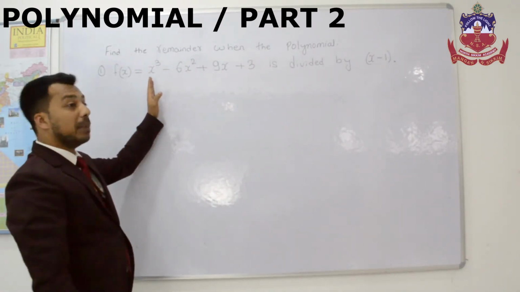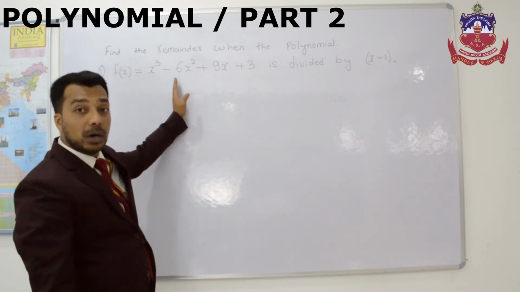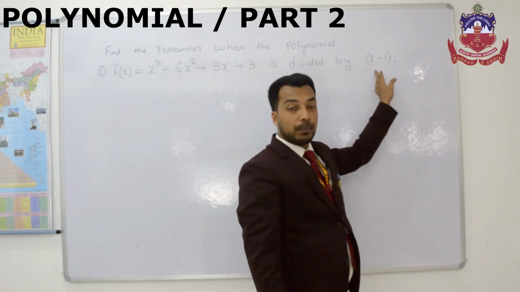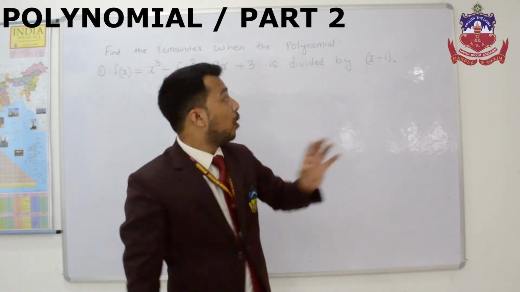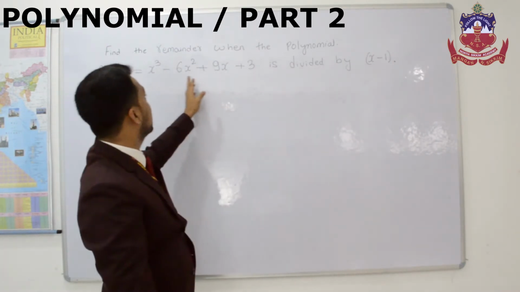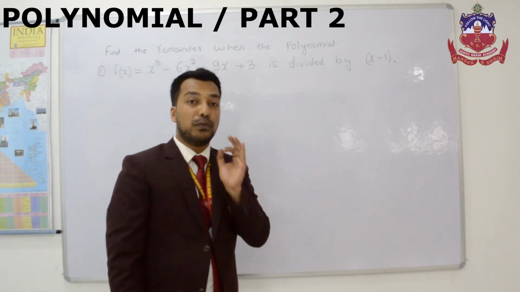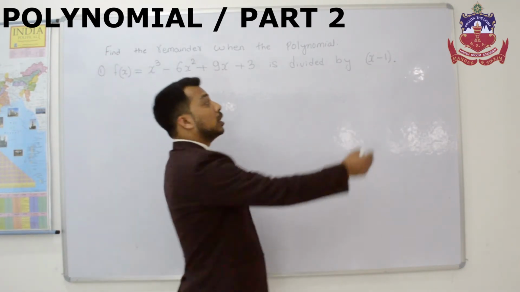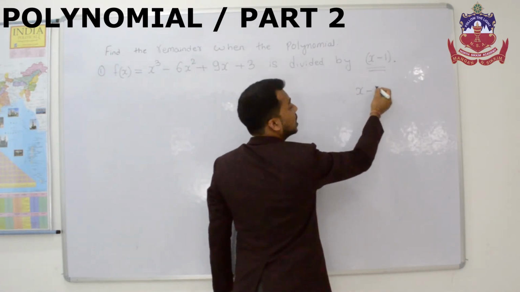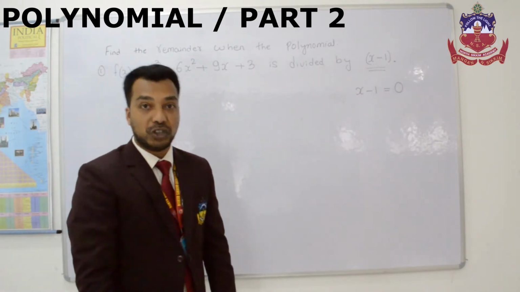This is our main polynomial, or in simple form, our bigger polynomial, and this is our smaller polynomial. It means that the smaller polynomial has to divide the bigger polynomial, which can be done in a simple way: the smaller polynomial firstly has to be converted into an equation, that is, equals to 0.